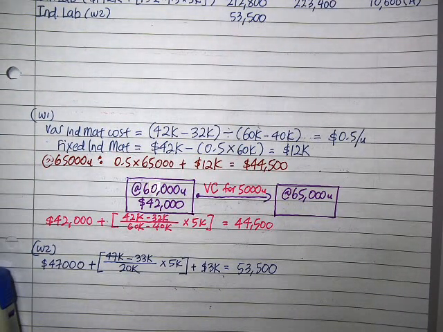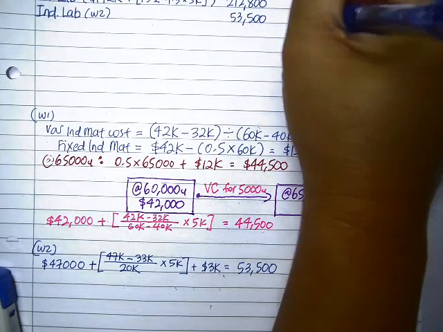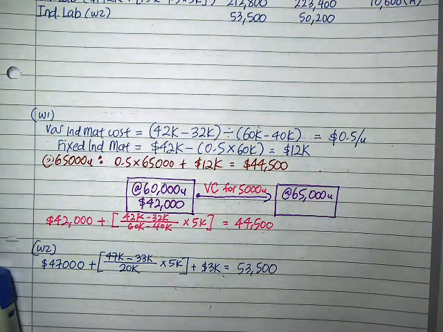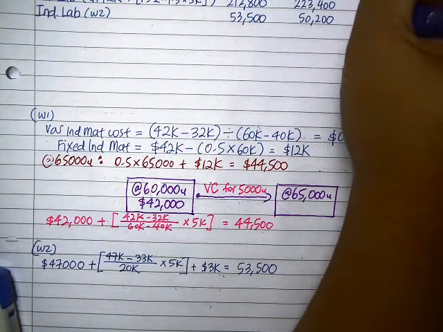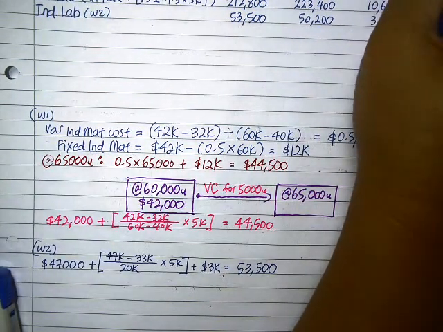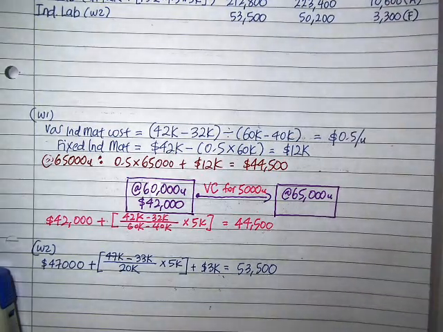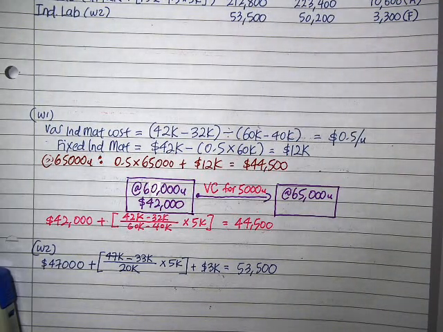The actual amount is 50,002. So we have a variance of 3,003 favorable.